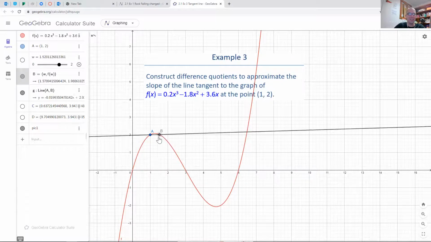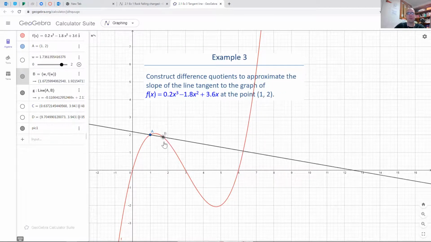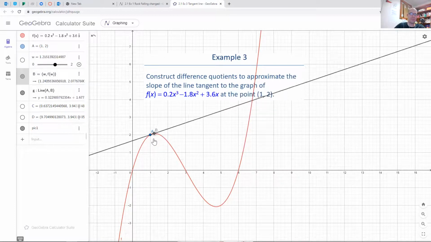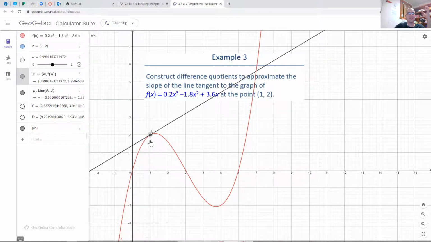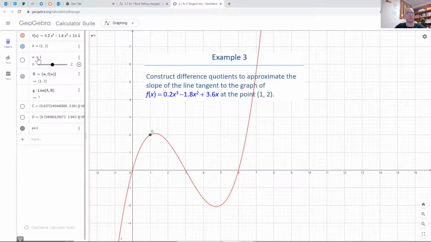And actually at this point, we have a positive slope. So we get better and better estimates as we get this point closer and closer to A. We have that nasty sticking point when this thing actually is equal to 1. The line function just is like, I don't know what to do.